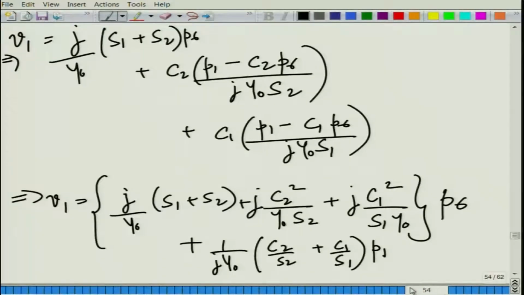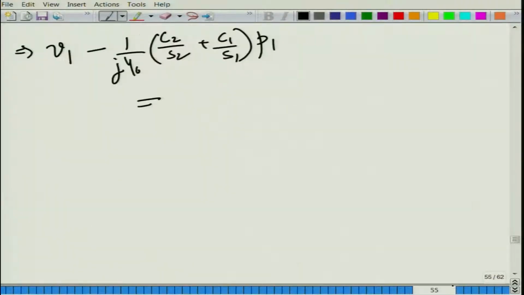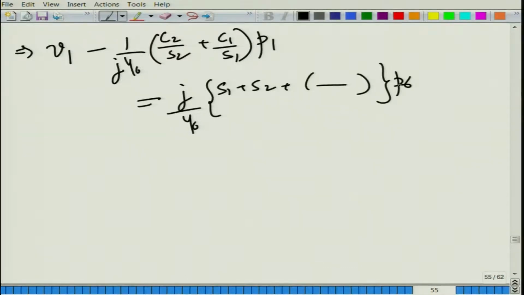I am not going to bother writing this again, but just mention that this is j Y naught, which can be taken common, and S1 plus S2 and the other terms, multiplied by P6. Okay. We have this kind of expression.